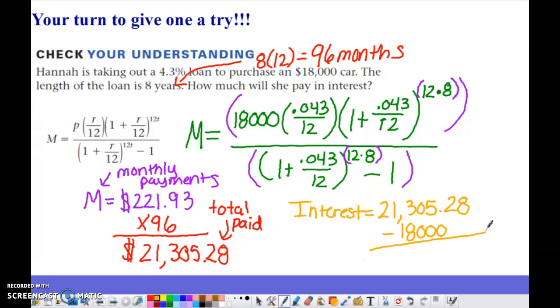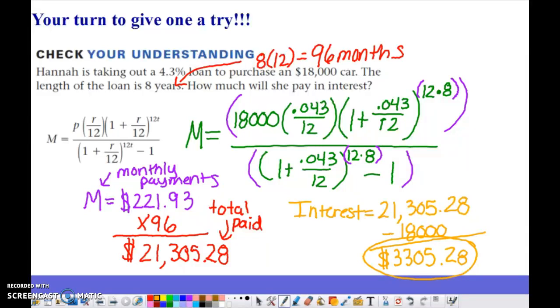And that's going to give me for interest $3,305.28. So again, for the convenience of getting a loan, the bank is going to collect $3,305.28.